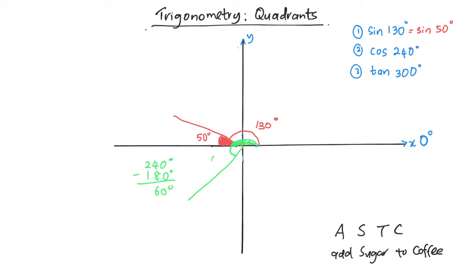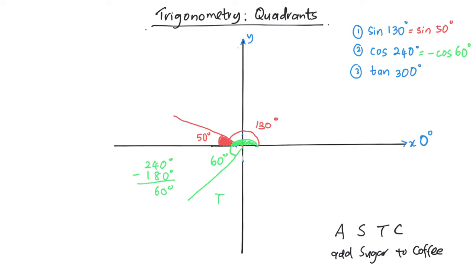The reference angle is 60 degrees. Okay, this is the angle that we are looking for. And cos in the third quadrant, add sugar to coffee, this is where only tangent is positive. So therefore, cos 240 will be equal to negative cos 60 degrees.